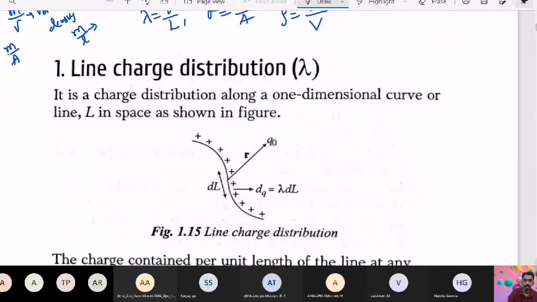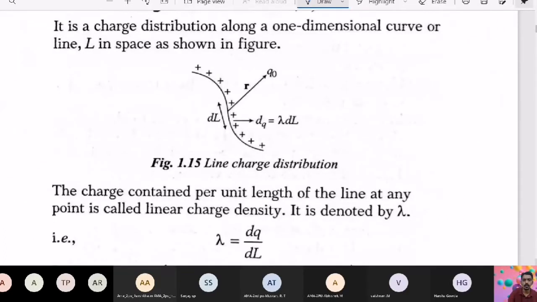See here, one more for the note verification I have given. For any line, some positive charge is distributed over a particular length.